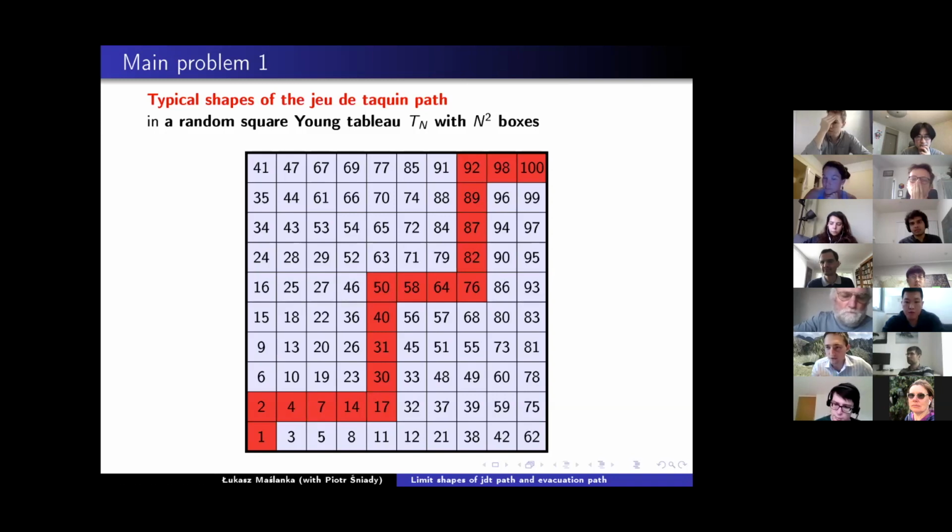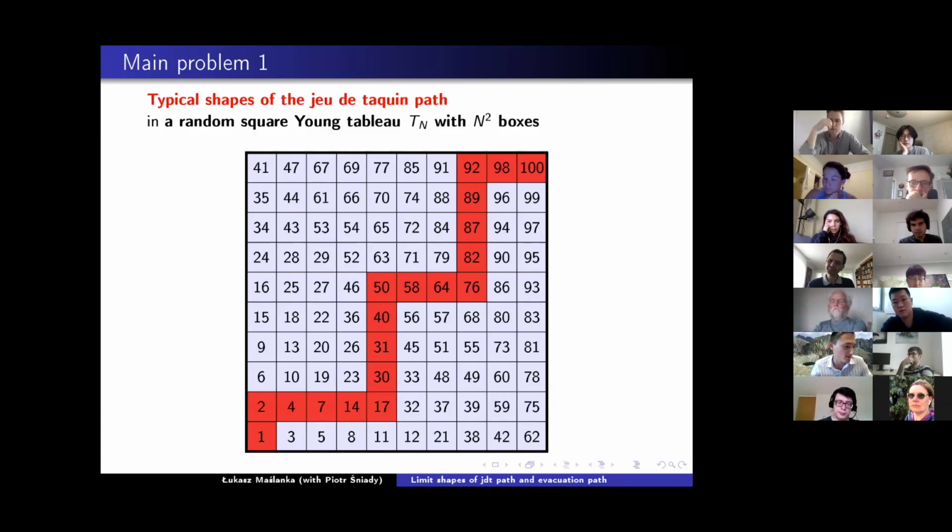And we are looking for the taquin paths, which we scale by the square root of the size of the diagram, so that this taquin path fits in a square 1 by 1 with all the Young tableau, and it is a zigzag line. So we are looking for the typical shapes of zigzag lines.